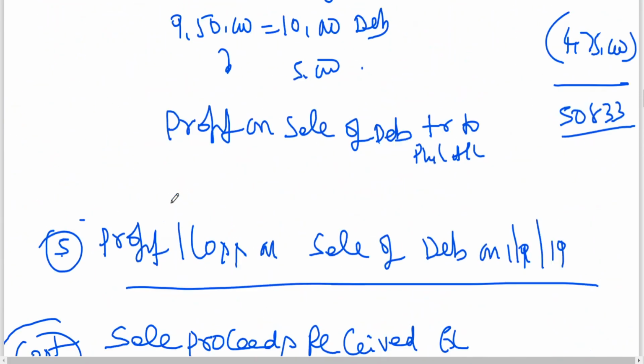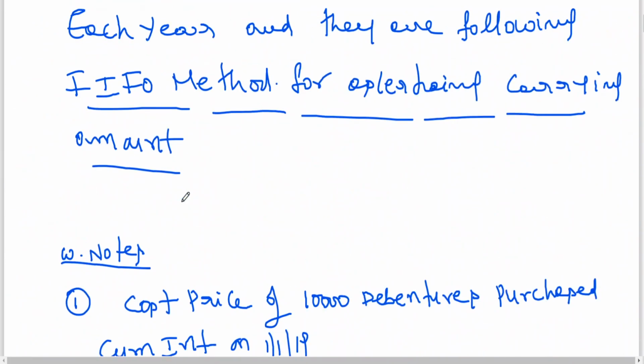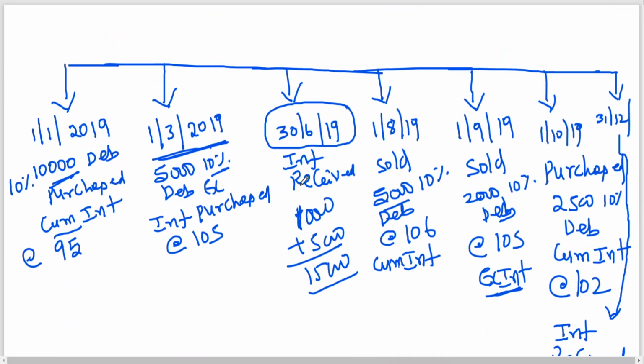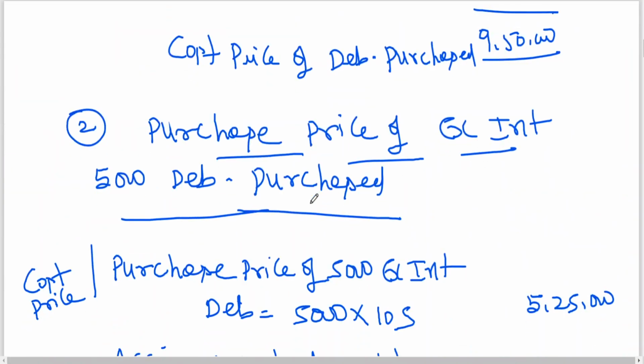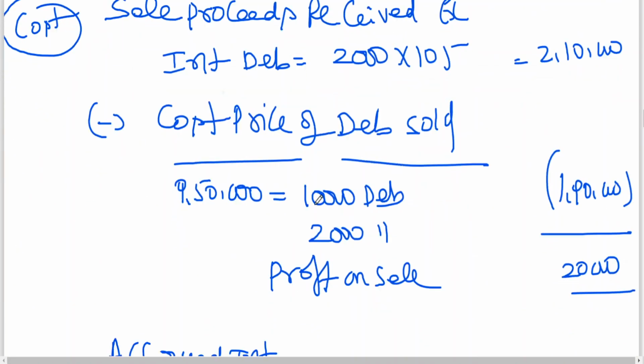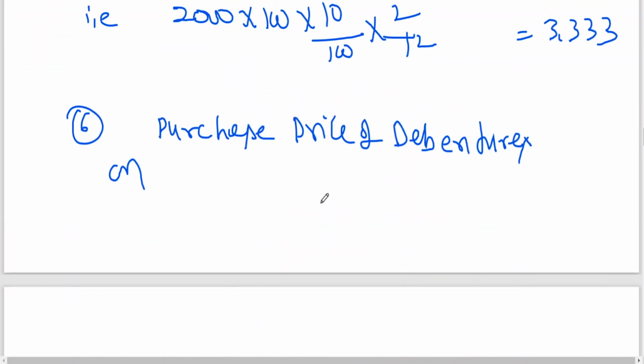Purchase price of debentures on 1st October 19. Now, how many debentures have been purchased and what is the rate?